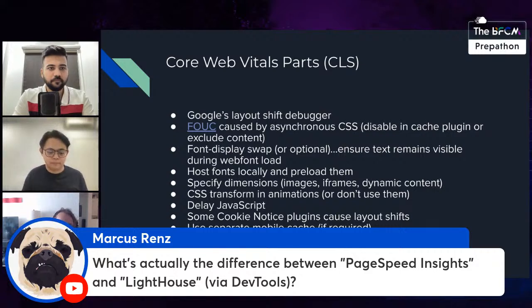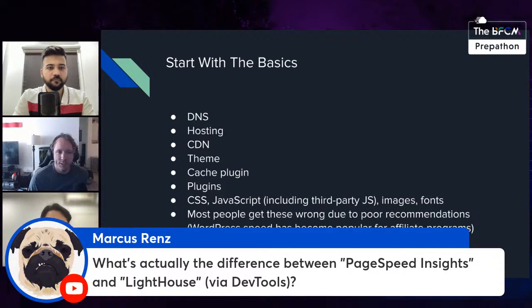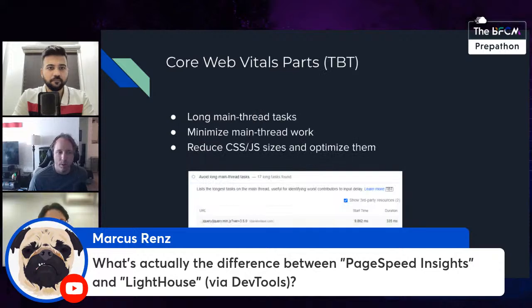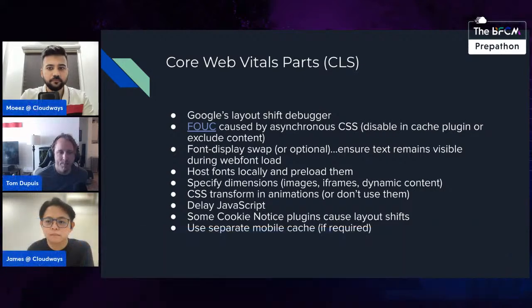I know that PageSpeed Insights just takes a little bit longer to update, but I'm pretty sure they use the same reports. I could be wrong on that, but from my understanding, that's basically all it is. Right. PageSpeed Insights is just the tool. Got it. Thank you so much for that, Tom.